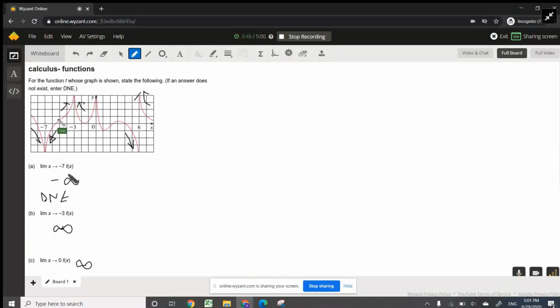The smallest one looks to be at x equals -7. Your function looks like it's never quite going to touch x equals -7, as from part A, the limit was negative infinity. So x equals -7 is our smallest asymptote.